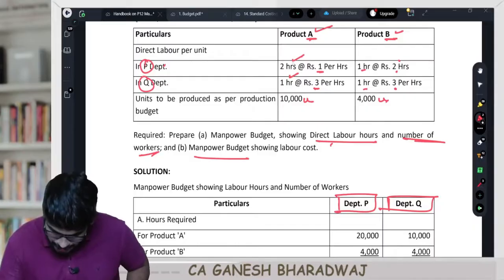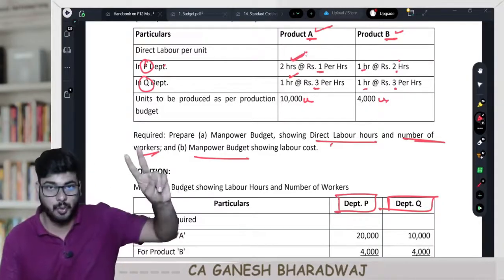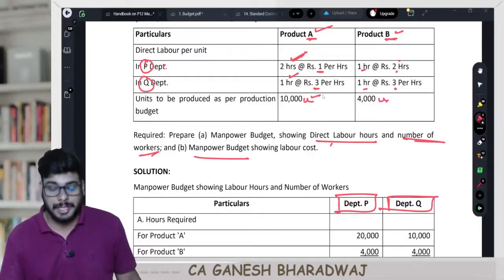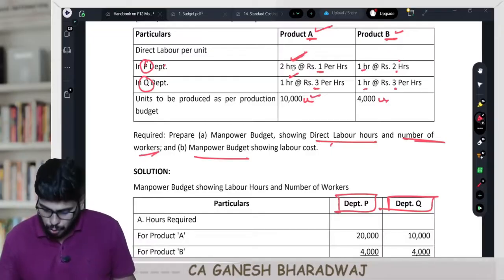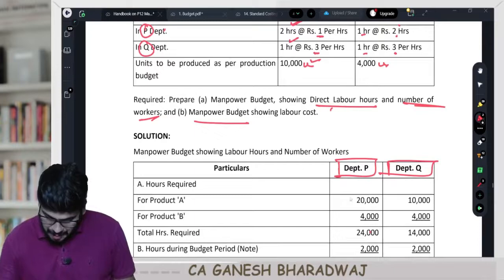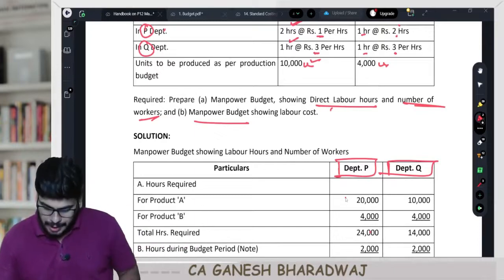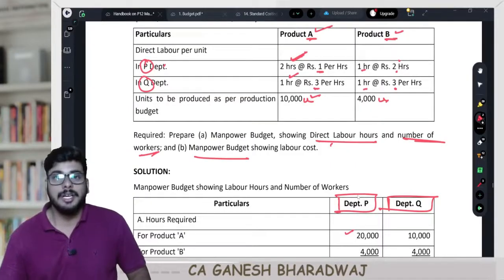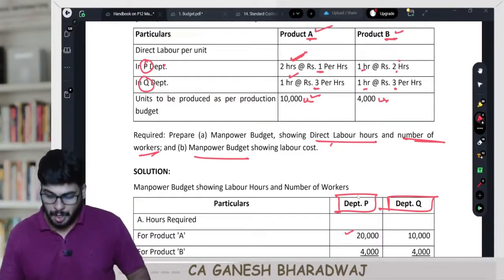Every unit of A spends 2 hours in Department P, right? And I'm going to produce a total of 10,000 units. So, 10,000 into 2, how much is it? So, in Department P, for producing product A exclusively, I needed 20,000 hours. Similarly, Department P also processes product B.